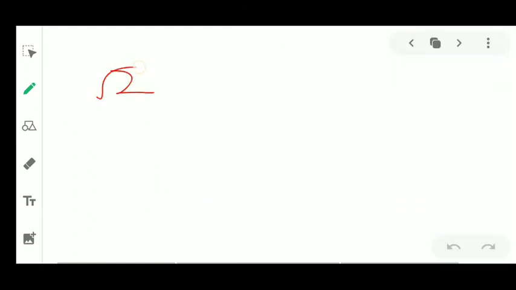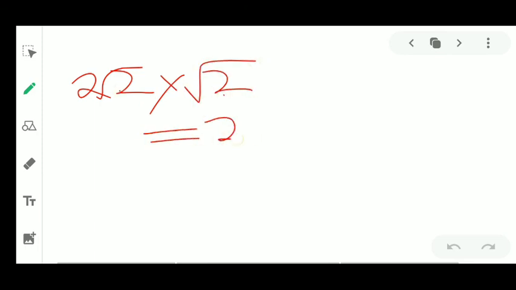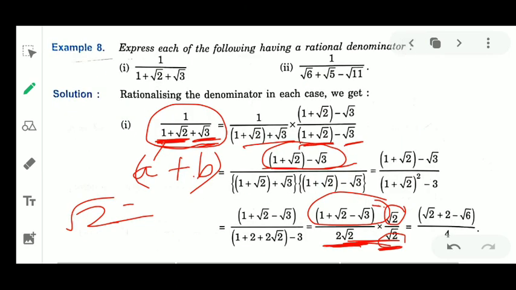Clear? Now root 2 into root 2 gives us 2. So 2 into 2 is 4 here. So in the denominator we have 4. Now moving to the numerator, that is 1 plus root 2 minus root 3 multiplied by root 2.